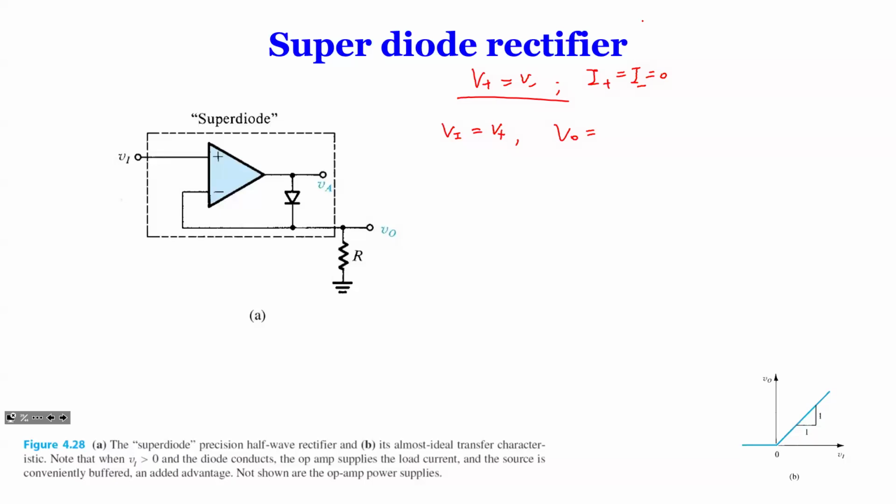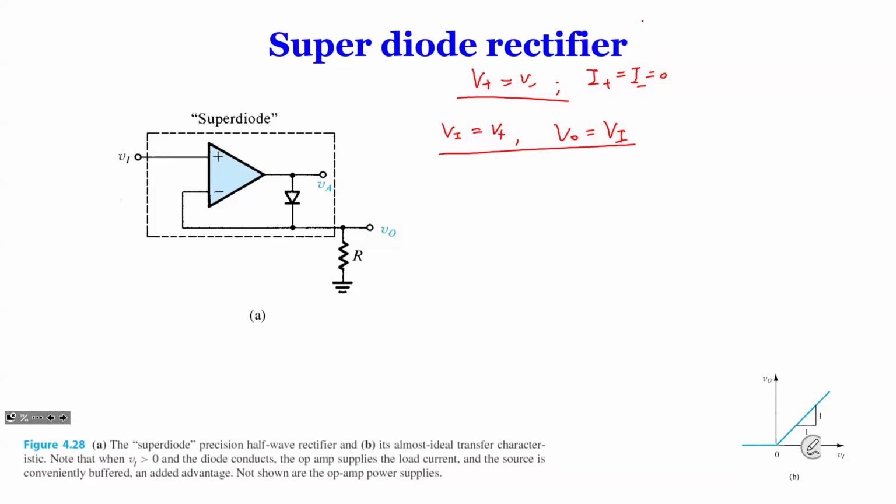So you will say, okay, VO will be simply Vi. This seems to be okay as an initial observation. We got input coming at the positive terminal, the inverting terminal is the same as the non-inverting terminal, and my output is connected to the inverting terminal. So this must be the case.